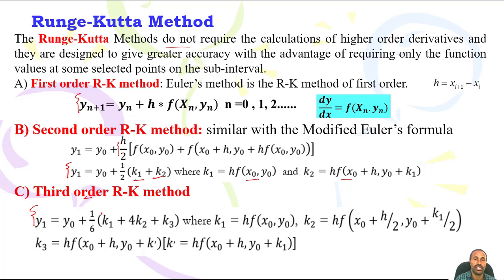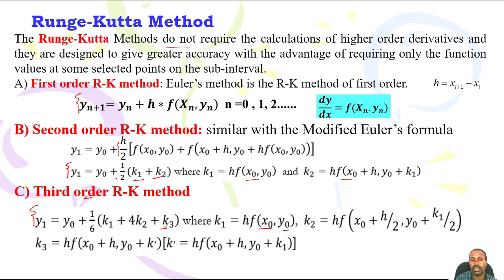If y naught is given, then 1 over 6 (k1 plus 4k2 plus k3), where k1 is h into f of x naught, y naught, then k2 is h times f of x naught plus h over 2, comma, y naught plus k1 over 2. This is the second coordinate.